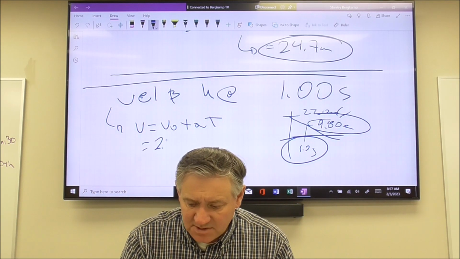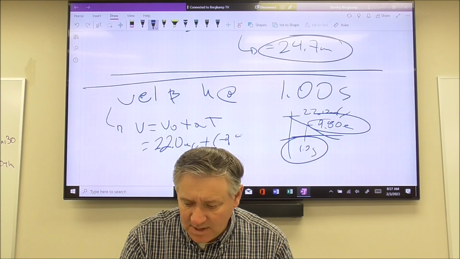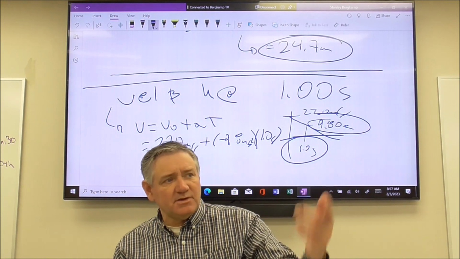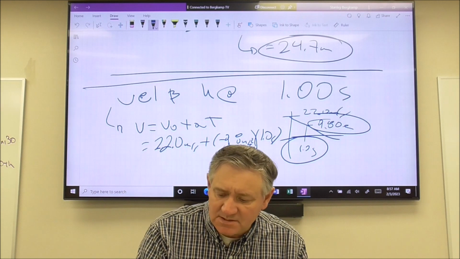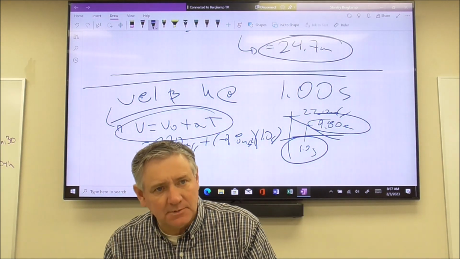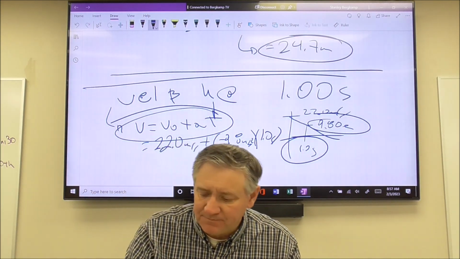Or it's just a function equation. It's a linear function plus negative 9.8 meters per second squared. Plug in your time, plug in 1 second, plug in 2 seconds. There you go. So with this, you can find the velocity at any point in time. The only thing that changes is what you're going to put in there for that value of time.